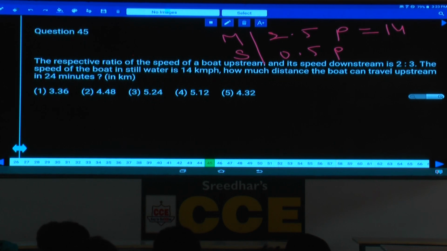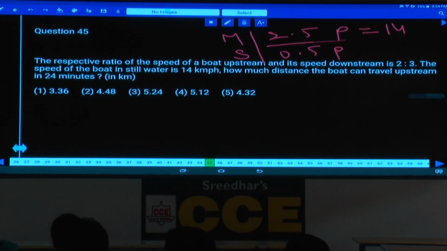How much distance can the boat travel upstream in 24 minutes? From this you need to calculate 2 parts is how much. Sorry, 2.5 parts is equal to 14. And what is the upstream speed?